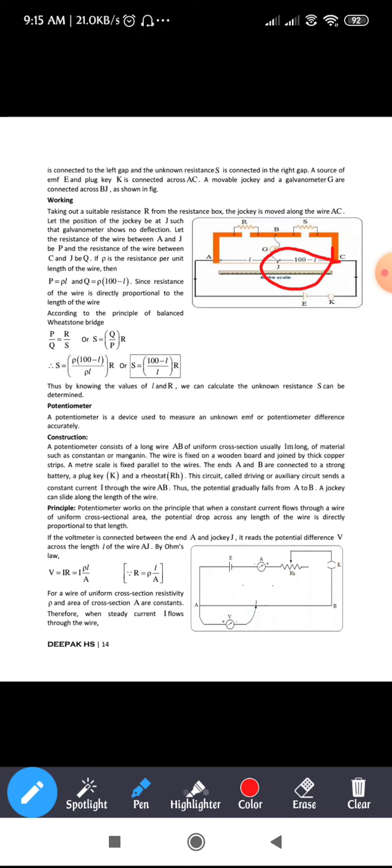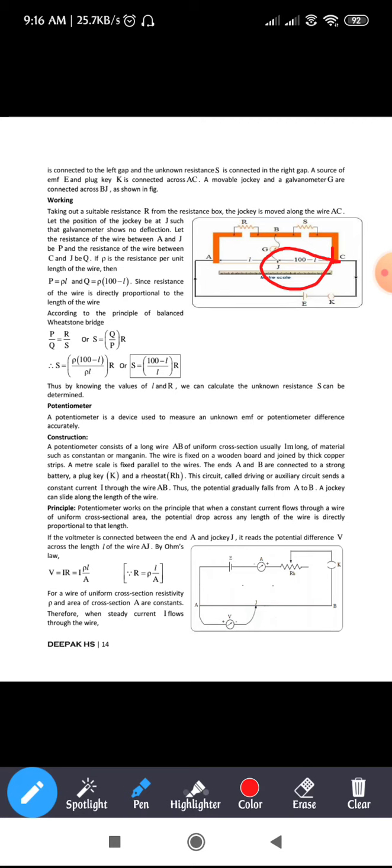When I am talking about resistivity, I need to mention the length and area of cross section. Since the scale we have taken is 1 meter, it should be per unit length. Rho is the resistivity, which here denotes the resistance per unit length.